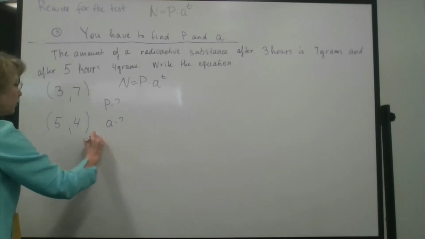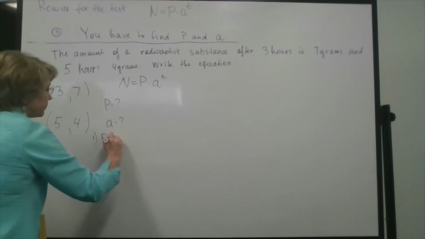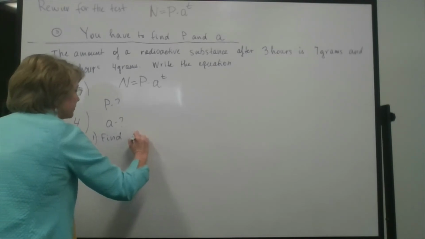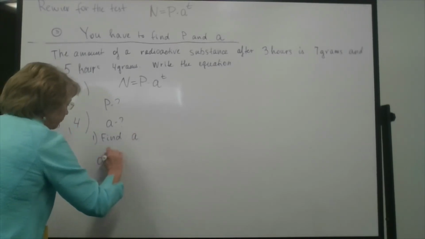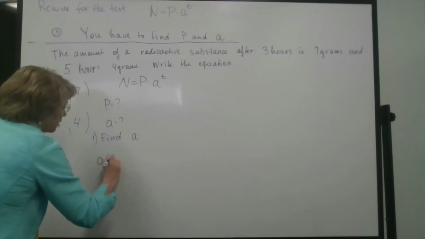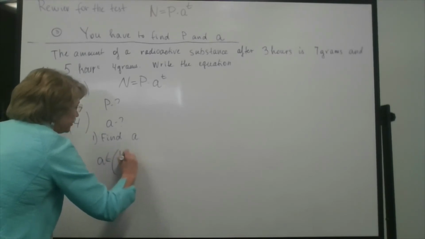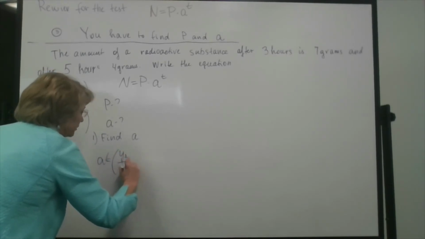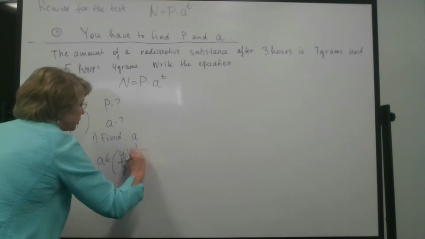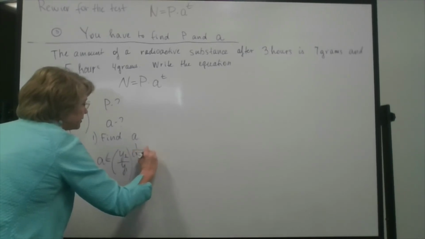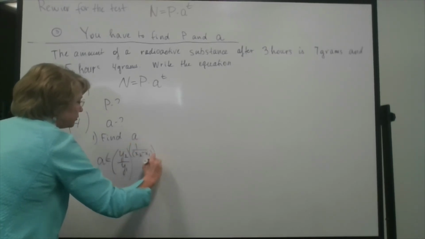The first thing we have to find is A. We will use the formula y2 over y1 to the power x2 minus x1. Don't forget about parentheses.